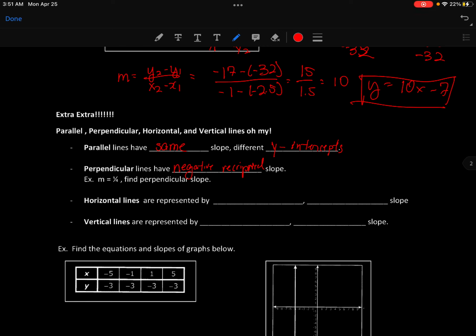What does that mean? Well, if you have a slope, for example, if m is equal to 1/4, here's a trick you should know. Flip and negate if you want to find perpendicular slope. Step number 1, flip it. 1/4 becomes 4/1, and you negate it, that becomes -4. You guys should remember this, I hope.